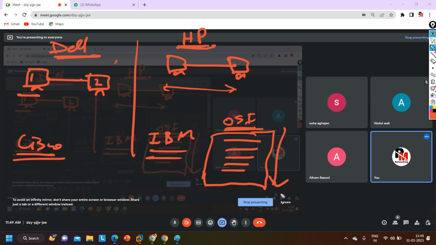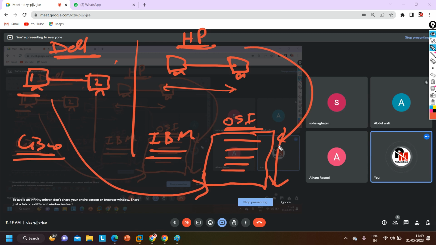Getting my point? Now, if Dell manufactures a computer, they will use this process. When HP manufactures a computer, they will use this process. So the communication process of all vendor devices is the same. That is the reason why different vendor devices are able to communicate with each other.